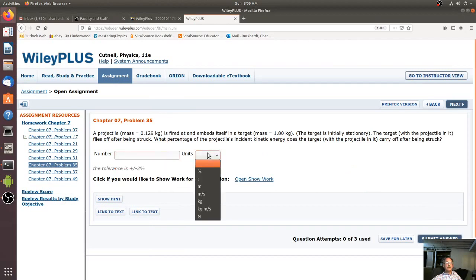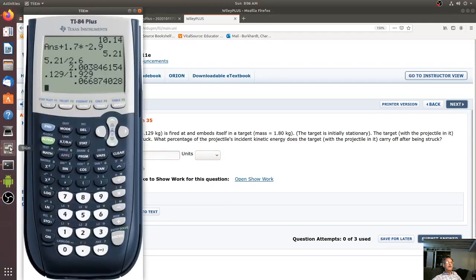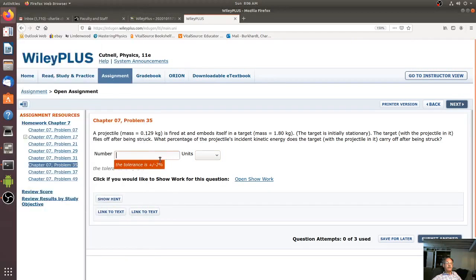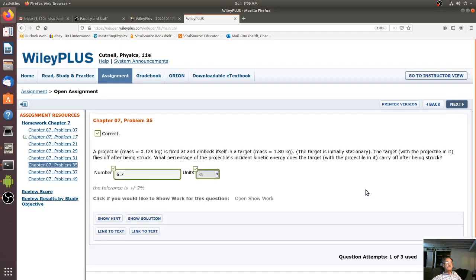What units do I have here? Percent? No. They want this in percentage. Yeah, what percentage, right. So I need to go back to my contraption here. That would be 6.7% if I multiplied by 100. Why is this red? See if that works. Yay!